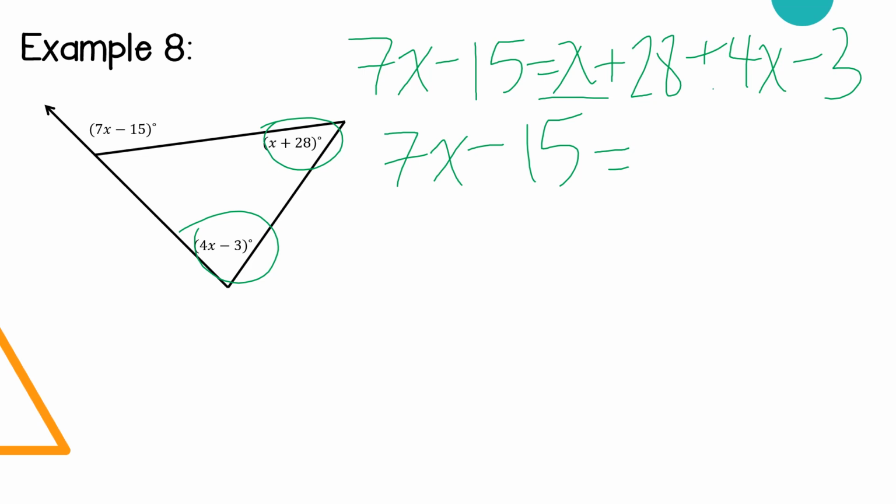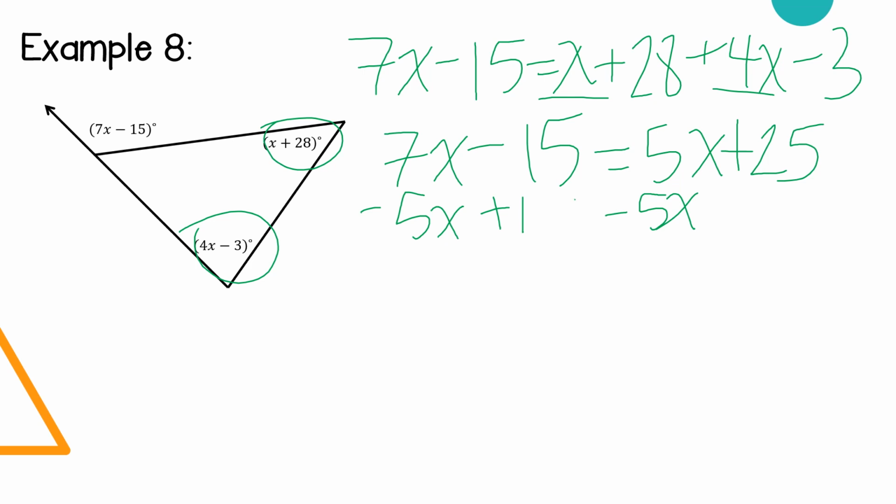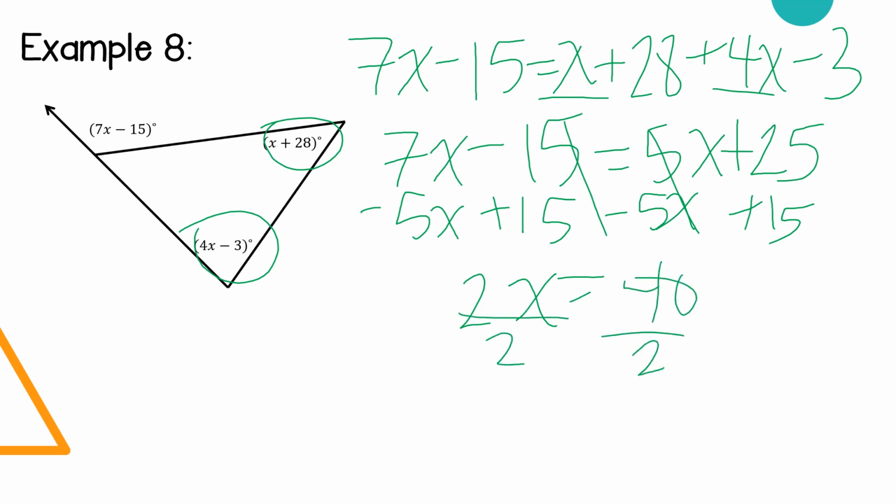We've got x and 4x, which is 5x, and 28 minus 3 is 25. I'm going to move my 5x to the left side and my 15 to the right side. That is going to give me 2x equals 40. Divide everything by 2, and x equals 20.